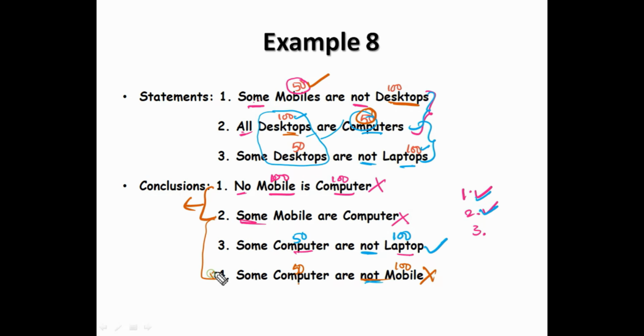That's why no need to consider this one. No plus some and both fail. So these two will be either-or. So finally, the answer for this question is only conclusion 3 and either 1 or 2 follow. Right?